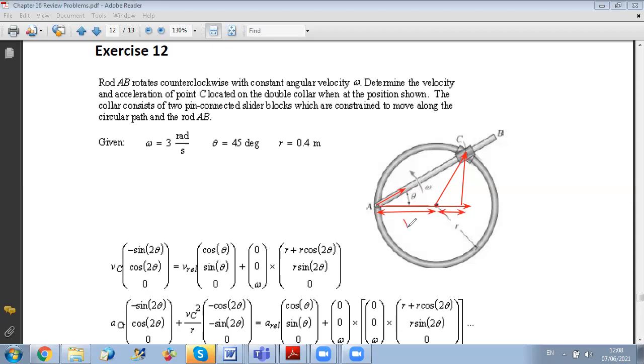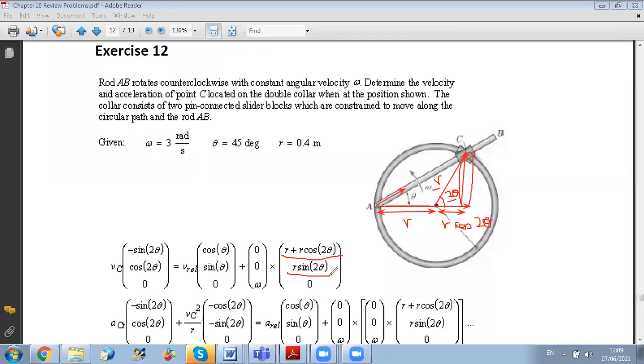So this is the radius of the circle, and this is the projection. So this is R, and the angle here is 2 theta. So the projection of this distance on the horizontal is R cosine 2 theta. This is why in total, the projection of AC along the horizontal is R plus R cosine 2 theta, while the vertical projection here is just R sine 2 theta.